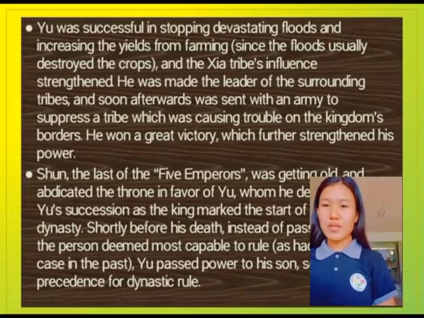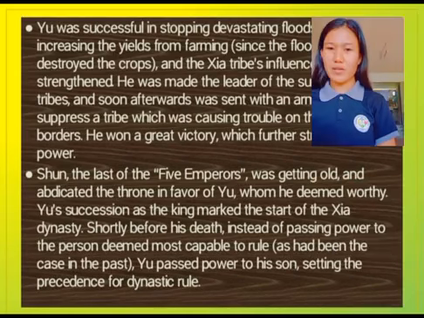Yu was successful in stopping devastating floods and increasing the yields from farming, and the Xia tribes' influence strengthened. He was made the leader of the surrounding tribes, and soon afterwards was sent with an army to suppress a tribe which was causing trouble on the kingdom's borders. He won a victory which further strengthened his power.